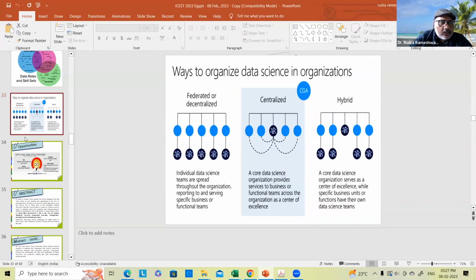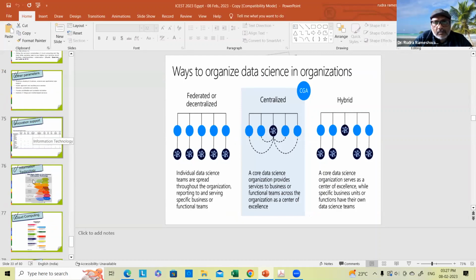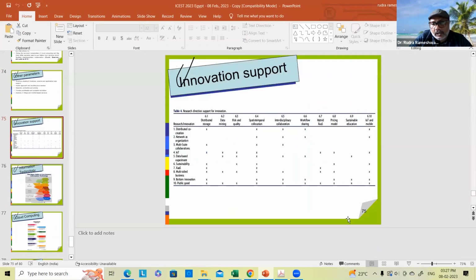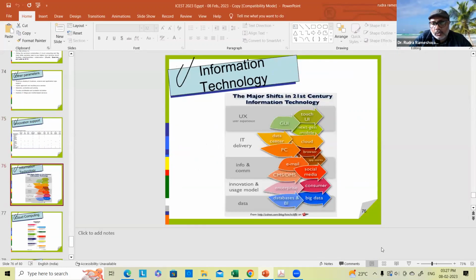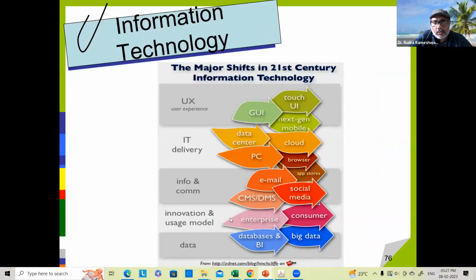And guys, these are some major technologies I thought to share with you. Information technology, with respect to innovation and usage models, information communication, and data. But it is also changing; you can also see the Google Trends.